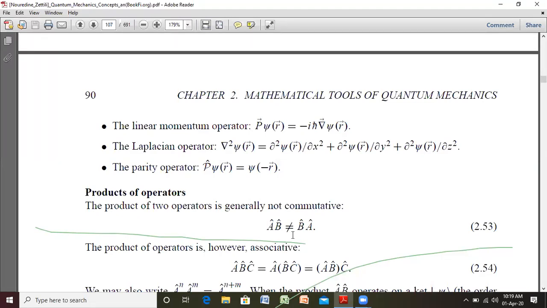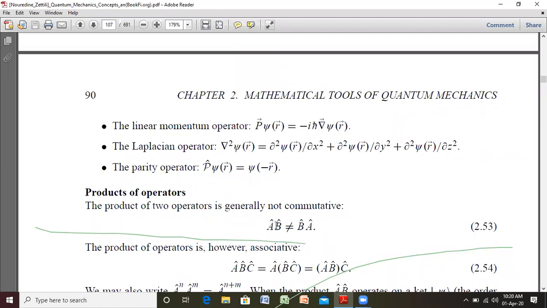Then the product of A and B is not generally equal to the product of B and A. This means A and B, two operators, are not generally commutative. If we change their order, the answer will change. Like this, AB is not equal to BA.